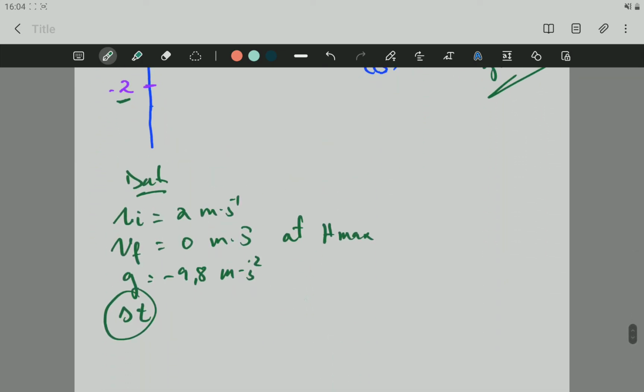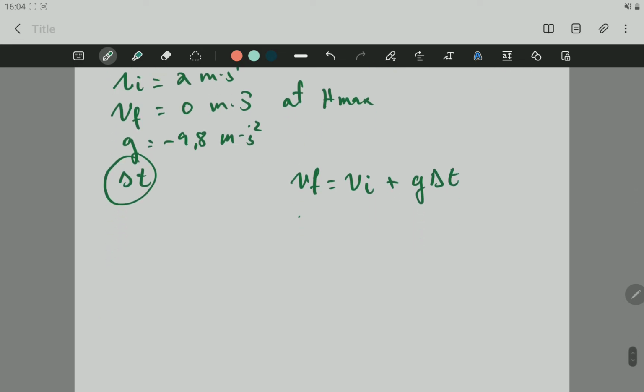Okay? So final velocity is equal to initial velocity plus acceleration multiplied by time. The final velocity is 0. The initial velocity is 2 plus minus 9.8 multiplied by time. If you rearrange, you get minus 2 divided by minus 9.8. That will give you the time to reach the maximum height.